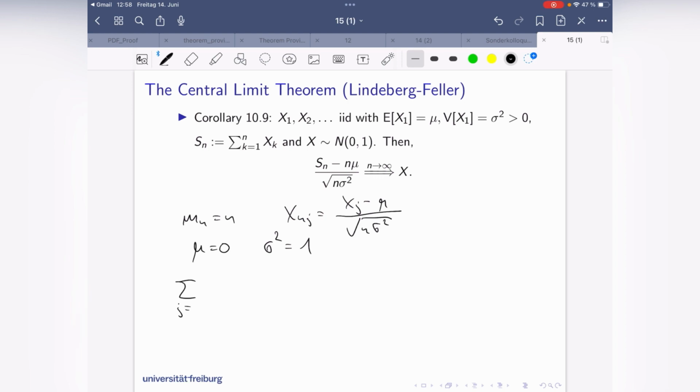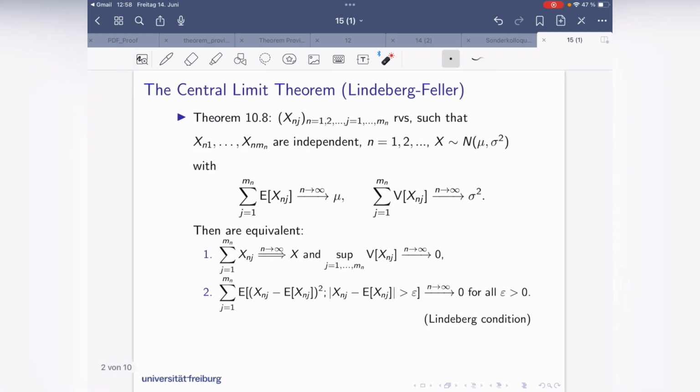Let's see. So the Lindeberg condition involves the sum of squares, X_nj square, on the event that X_nj, absolute value, is bigger than epsilon. Well, and you can use the Chebyshev inequality, basically. Well, we have mu equals 0 and sigma square equal 1, so there's no need to subtract 0 here.